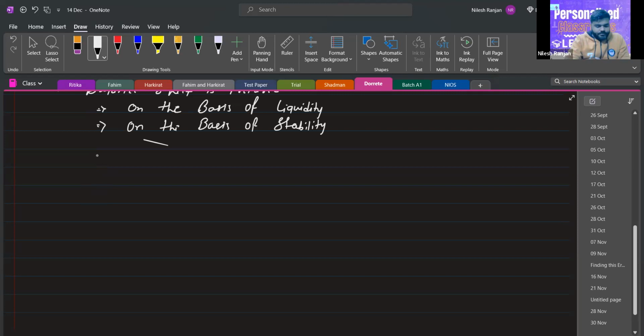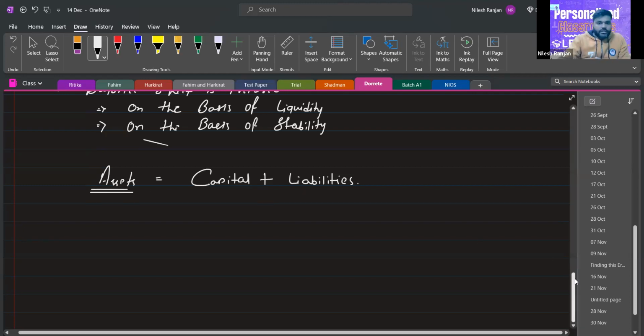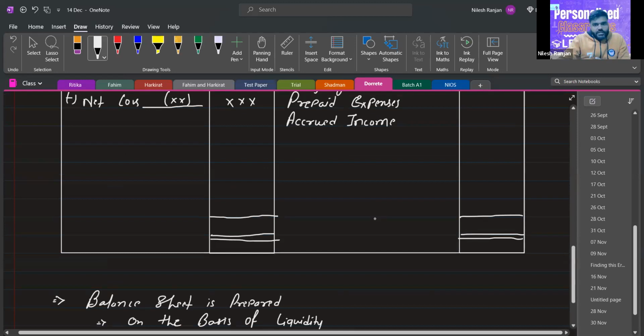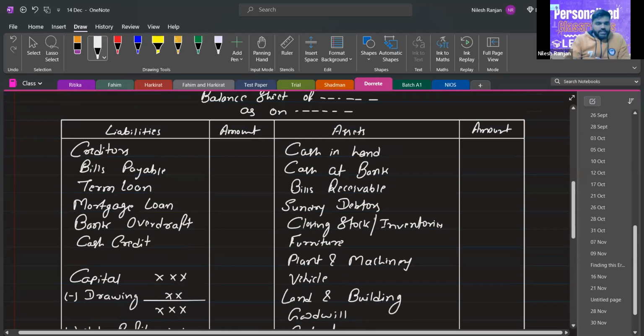No, sir. Okay, in accounting equation, we have used this formula: assets equal to capital plus liabilities. Now, in the balance sheet, if you see, capital and liabilities are written on this side.